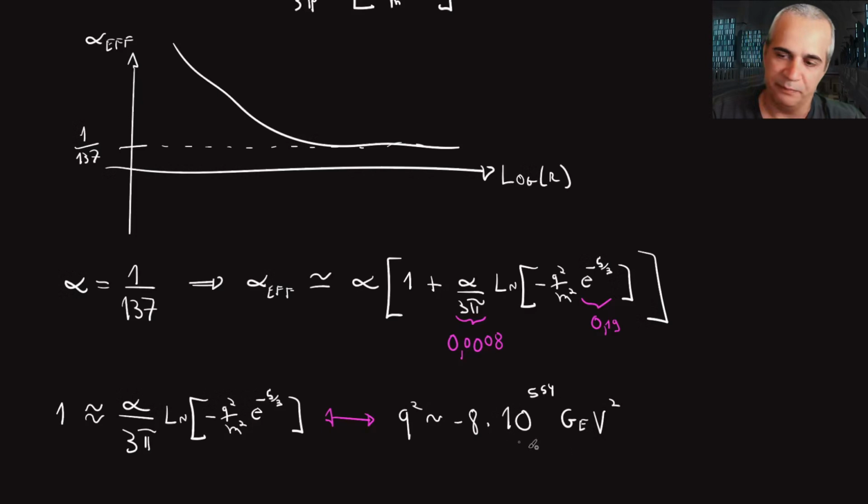So you see, that's an energy that is so big that I don't think we really have to worry about it. But this is the so-called Landau pole of QED, right?